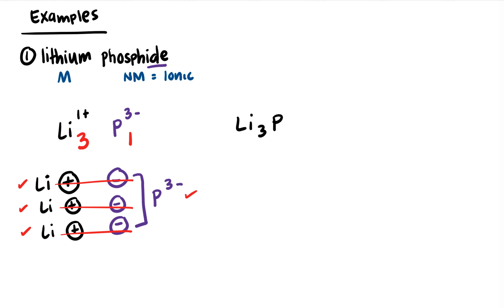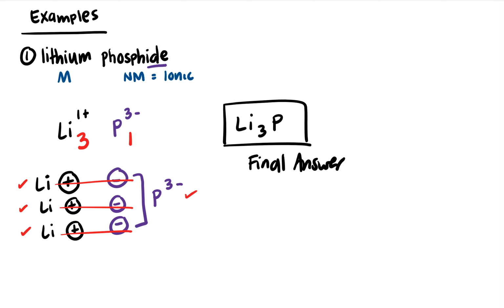It is understood to be a 1. So this would be my final answer, the chemical formula for lithium phosphide. I'm emphasizing here that I did use just phosphorus because the ending here was IDE, which means it's one element from the periodic table.